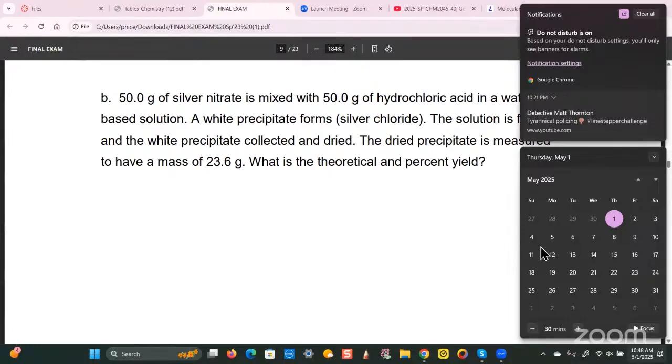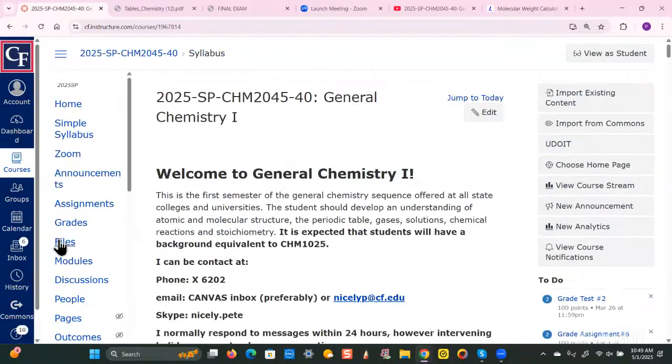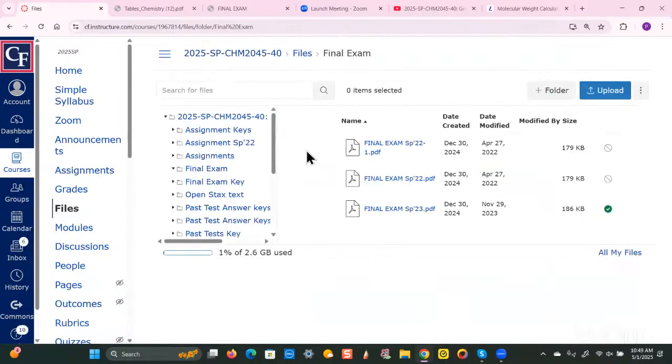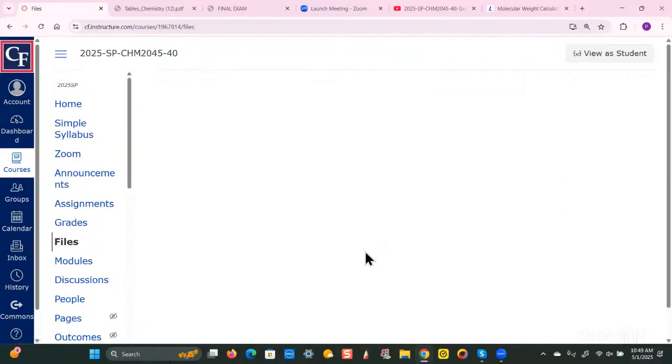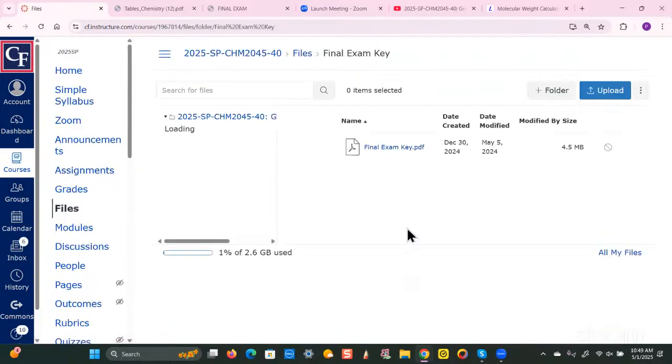You have an answer key to this? That's solving for the answers, no. Let me see. Let me go back to files. To the final exam, right? And this was for spring 23. So let me see if I have the answer key for that. No, that's not it.